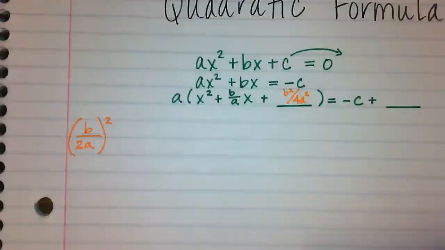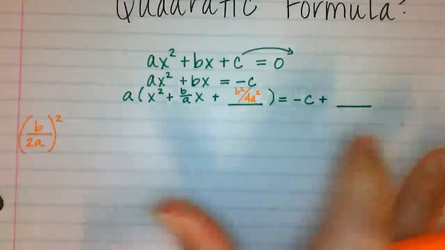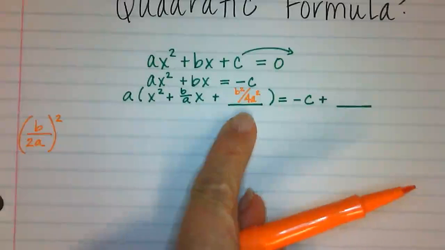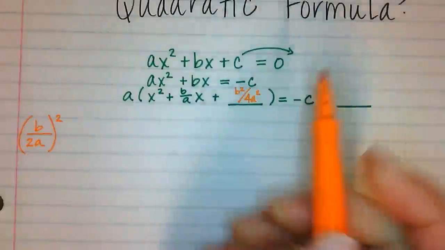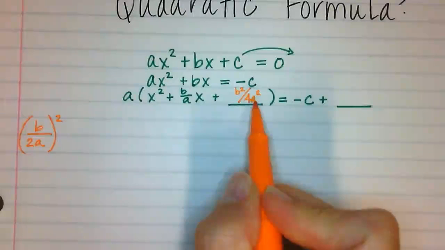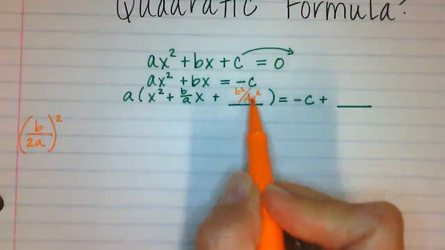Now, what happens on this side is we need to even it out. Since we added b squared over 4a squared on this side, we need to add the equal amount over here. But remember that this needs to be multiplied by the a.